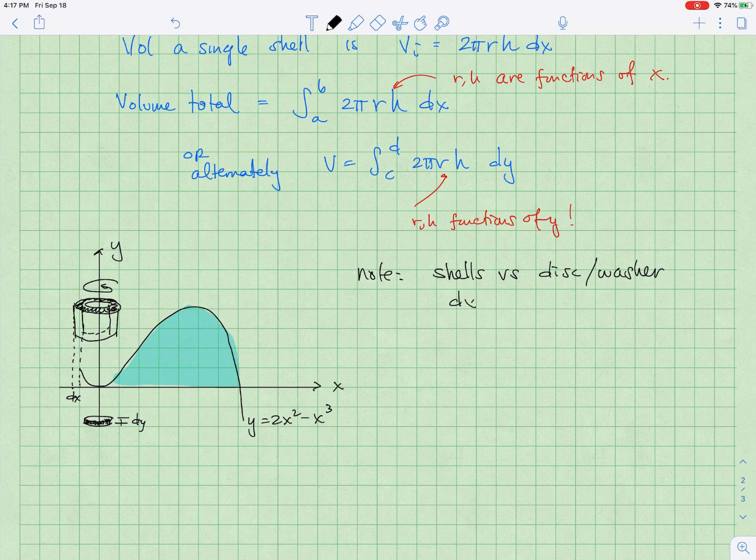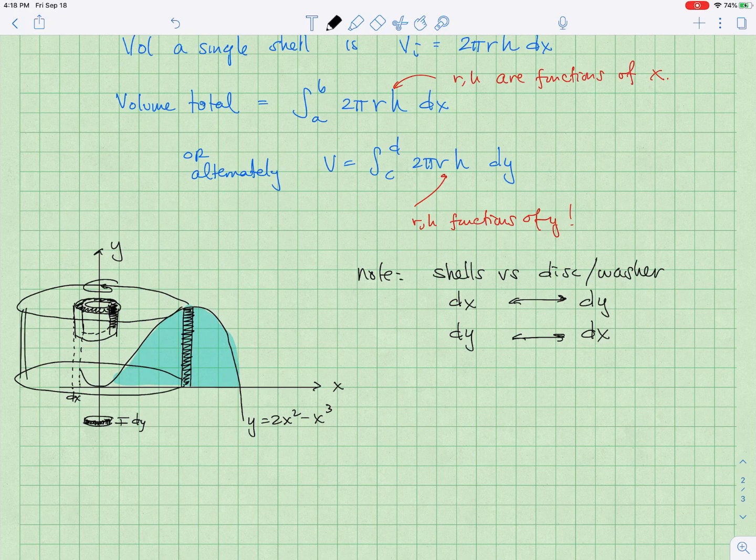If this is dx, then this is dy, and if this is dy, then this is dx. So they are not using the same variable. They're actually opposite variables. Now, this shell wall here is now part of this vertical strip, and that would get wrapped around the axis like so, and it would create our shell.